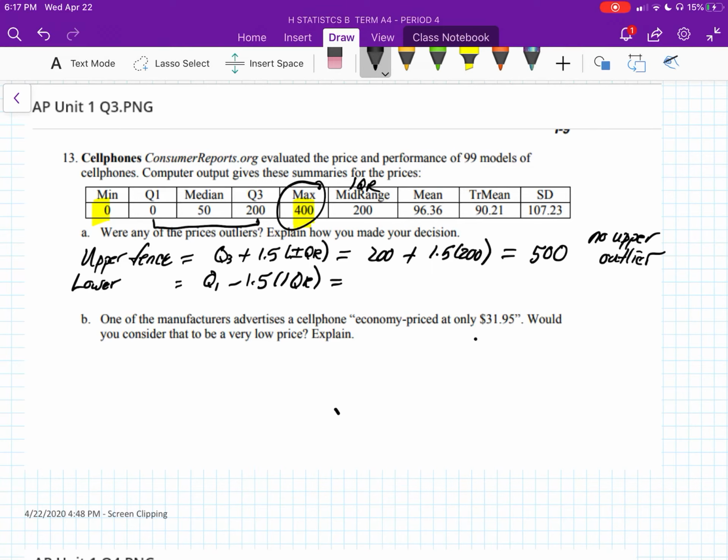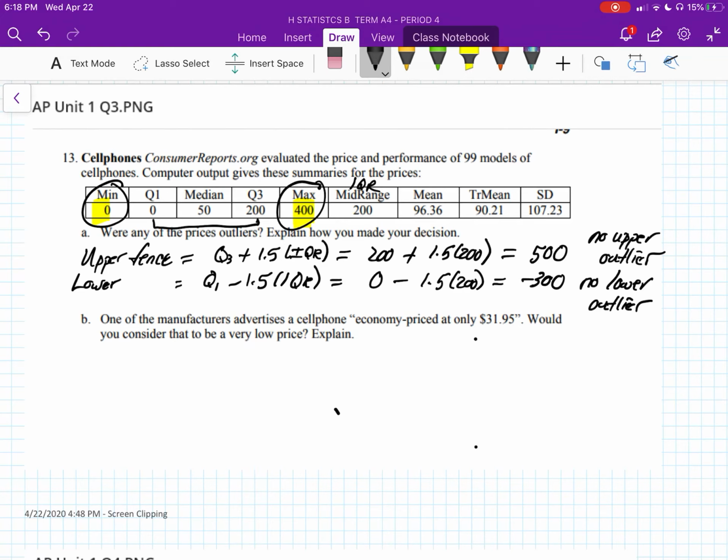If we do the same thing for the lower, we take our Q1, which is 0, minus 1.5 times 200. That gives us negative 300. And you can see that's way below the min, so there's no lower outlier. And you have to show that justification, and you'd have to say there's no upper or lower outliers.